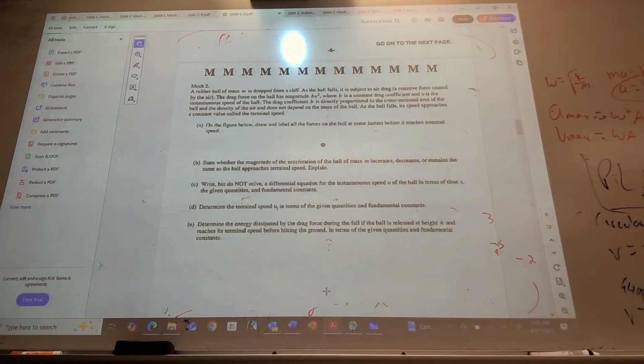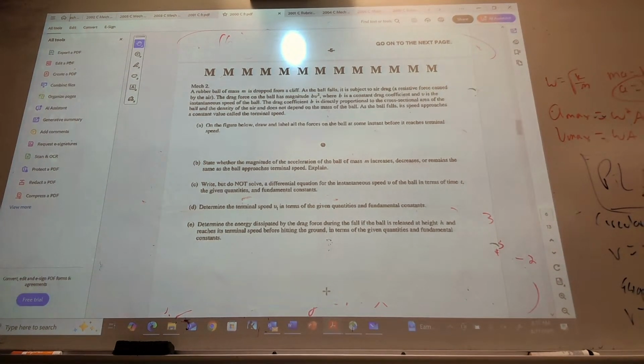D, determine the terminal speed v in terms of the given quantities and fundamental constants. And E, determine the energy dissipated by the drag force during a fall as the ball is released at height h and reaches its terminal speed before hitting the ground in terms of given quantities and fundamental constants.